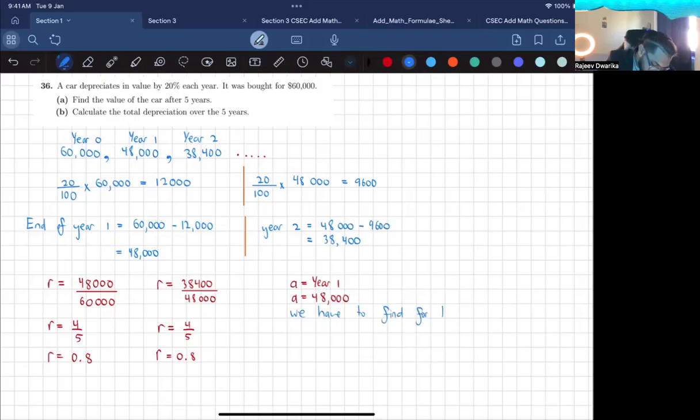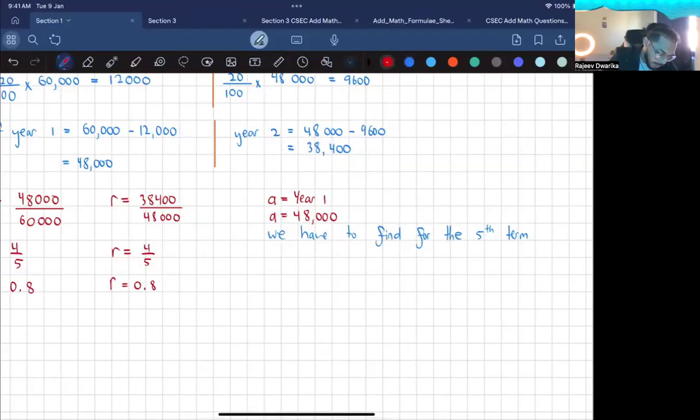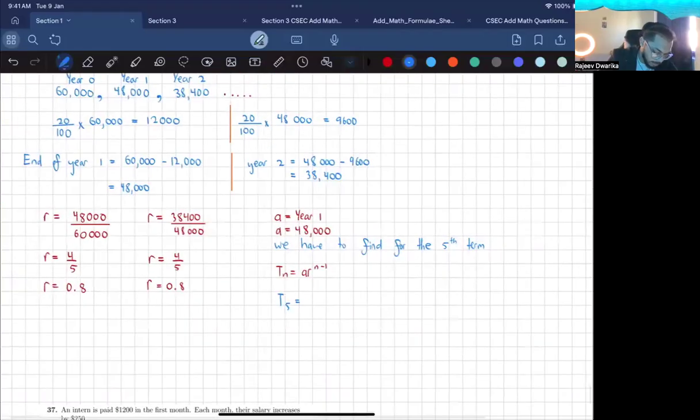Tn equals a r to the power n minus 1. Yes, because you use that to figure out the nth term. We want to find the 5th term, so I'm going to replace n with what? 5. Right?